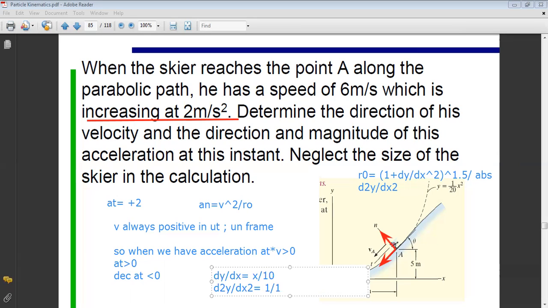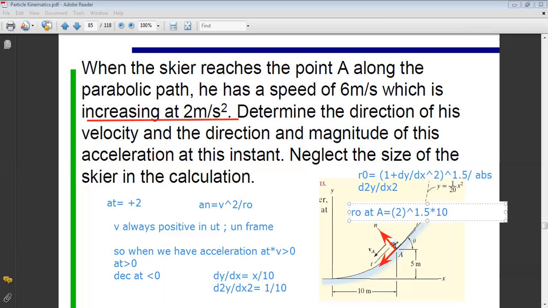Okay, so now to find rho at A, all I have to do is to replace dy by dx by 1 and the second derivative by 1 over 10. So I get that rho at A is equal to 1 plus 1 square, so it's 2, to the power 3 over 2, over 1 over 10, so it's like times 10.